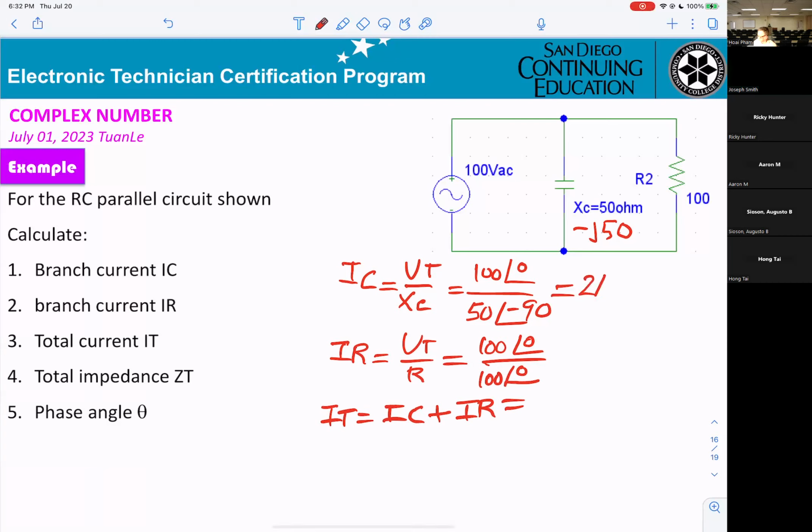Two minus 90. Plus 90, I'm sorry, because you have to go up. And then it's 1 at an angle of 0. And then this one takes a lot of work.